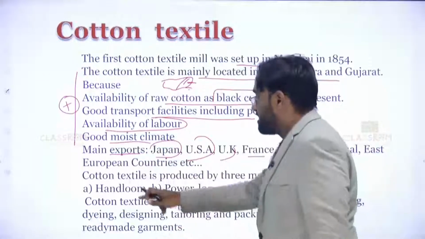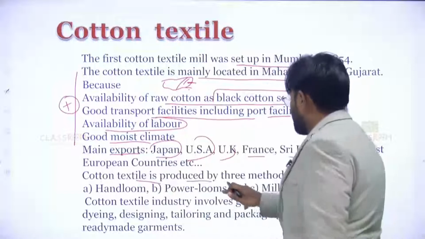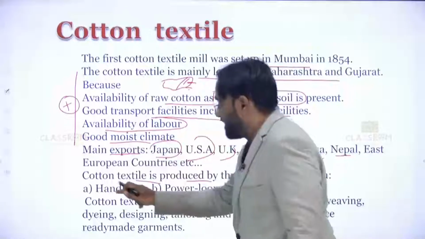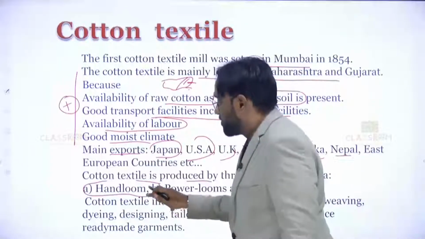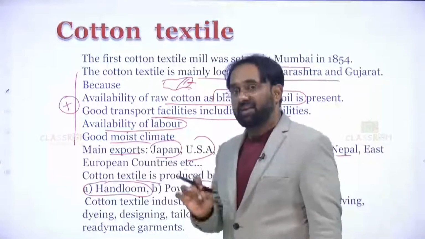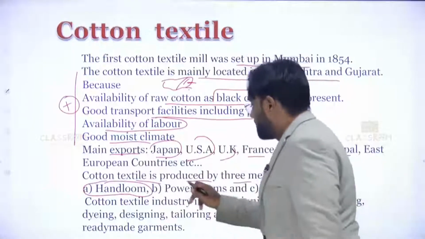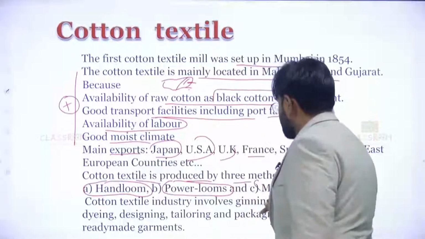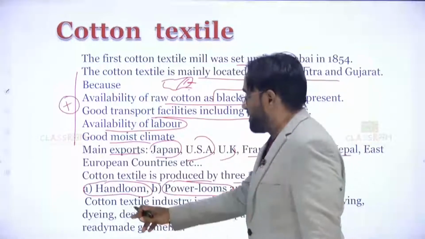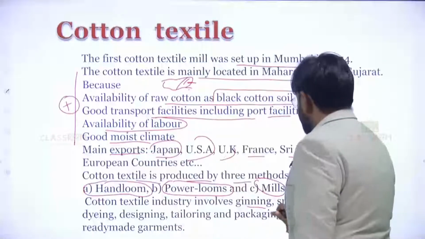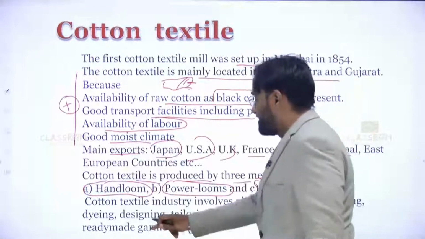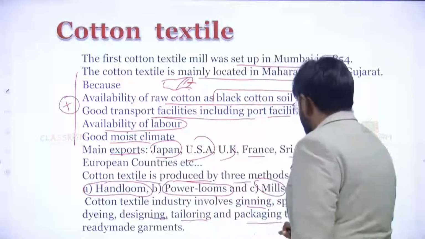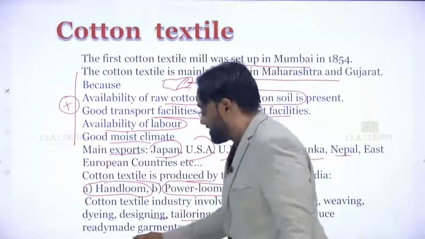Cotton textile is produced by three main methods in India: handlooms, power looms and mills. The cotton textile industry involves ginning, spinning, weaving, dyeing, designing, tailoring and packaging to produce ready-made garments.